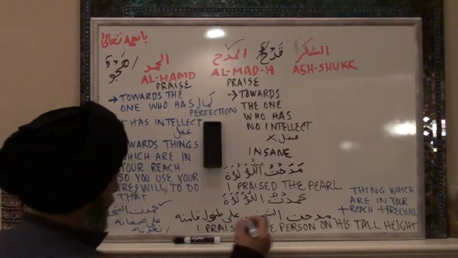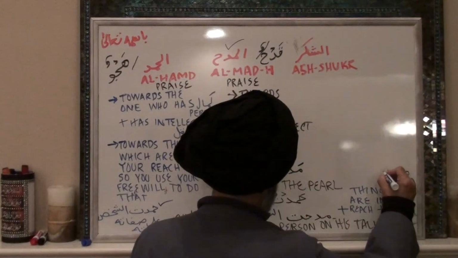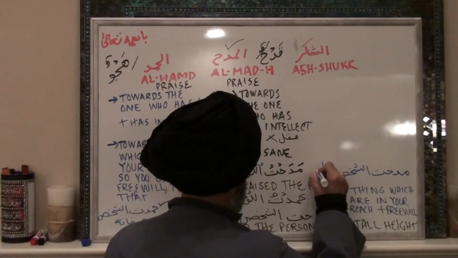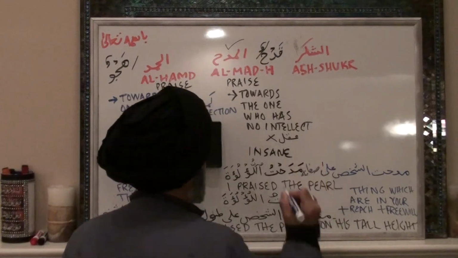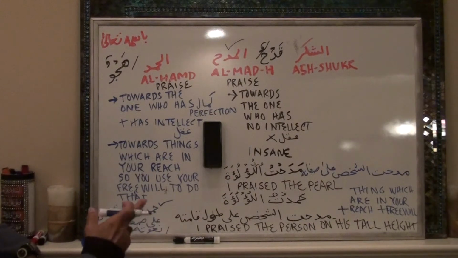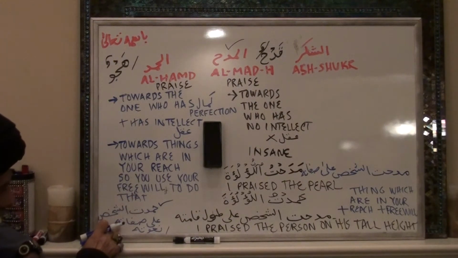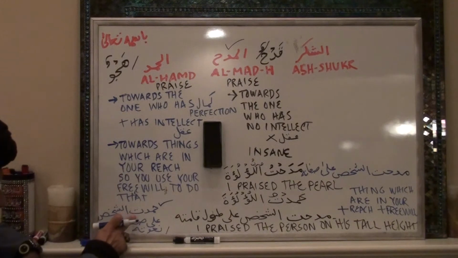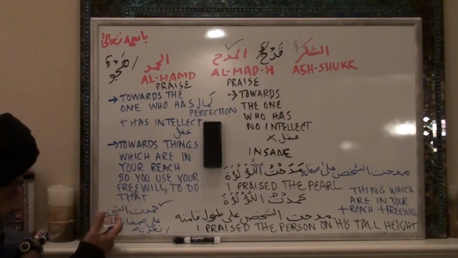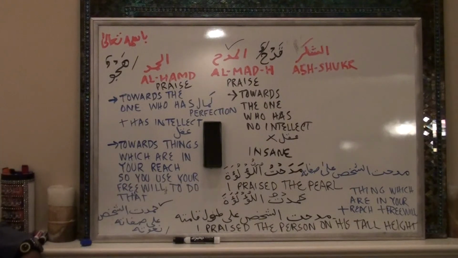So we can say madahtul shakhs ala sifatihi is also possible. I praise the person on his attributes. So here is something: the word madh can be used over the attributes as well, and hamd is obviously, the right way is to say hamd is specific to these instances, but the word madh is also possible.